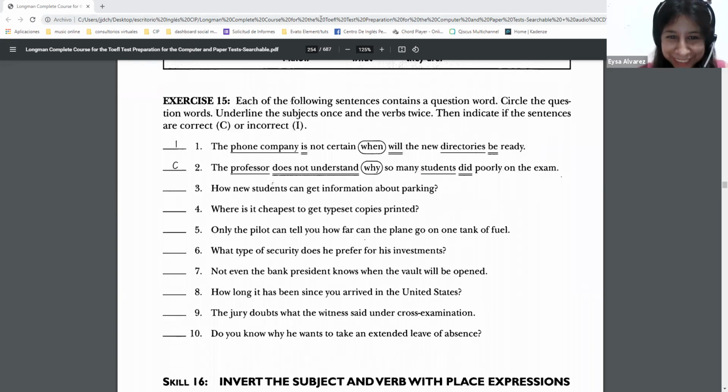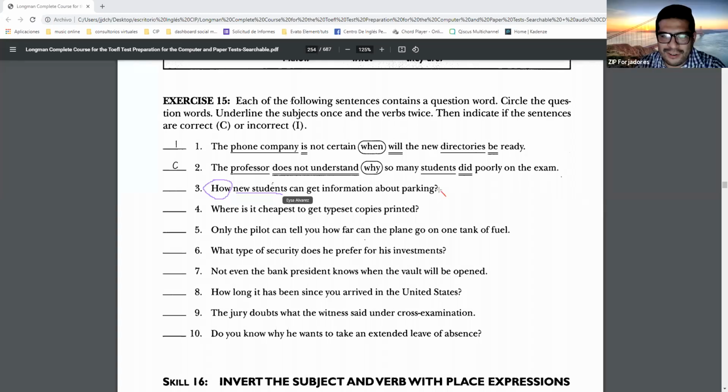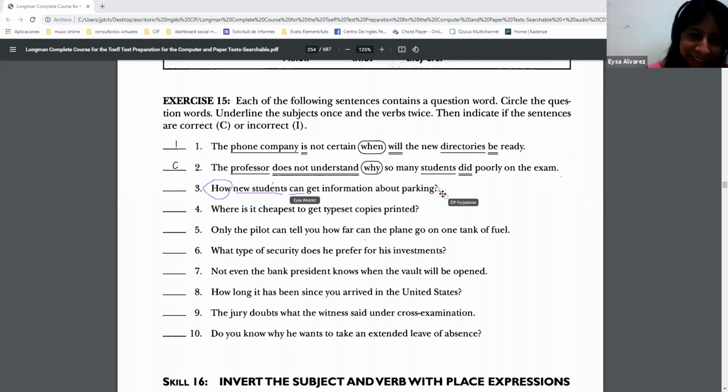Okay, I'm going to try it. Here we have the word how, and we have new students. Here we have a question, a WH question, right?